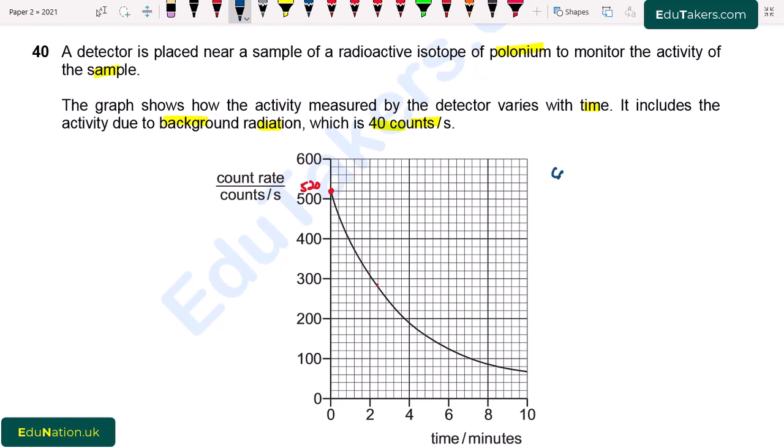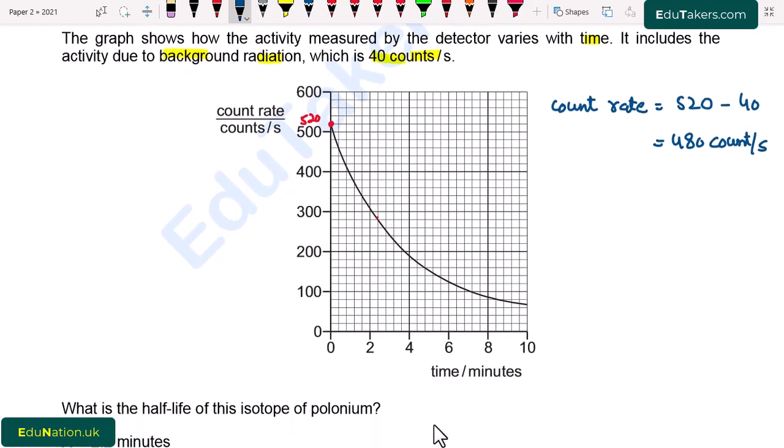So the total count rate will be equal to 520 minus 40. This 40 is basically the background count rate. So it will be equal to 480 counts per second. It means that initially there are 480 counts per second. So I take different readings from this graph and make a table here.